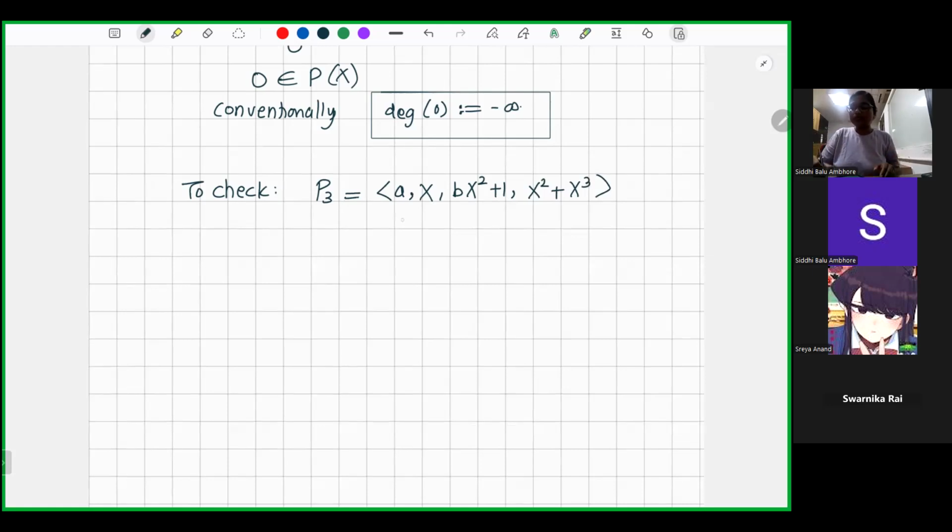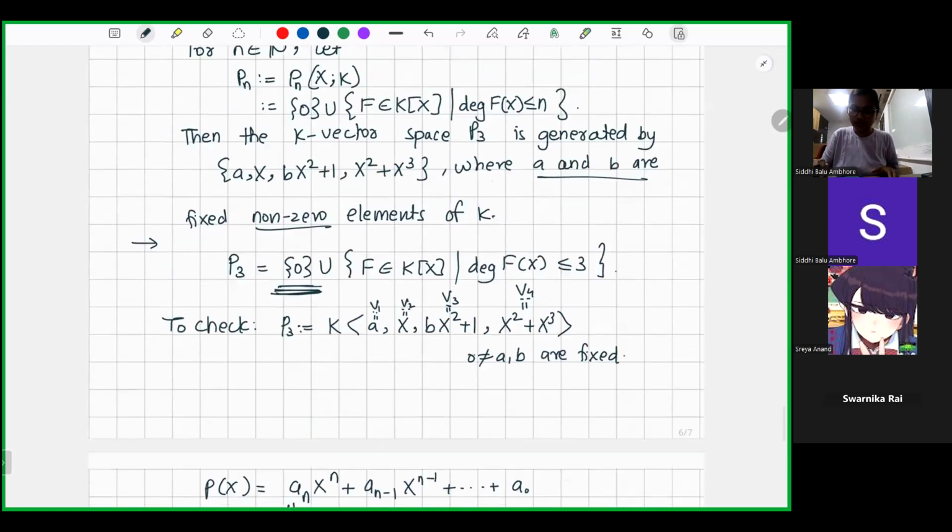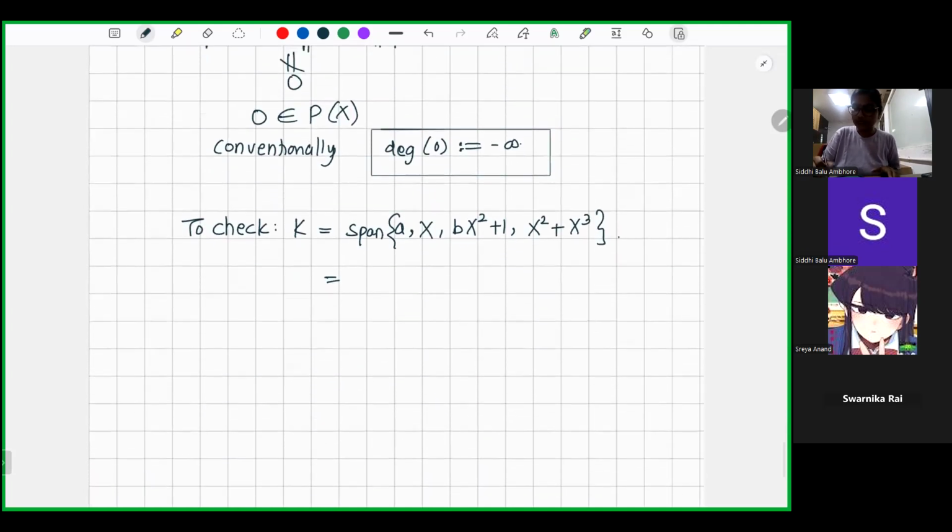Sometimes we also write it as the span of this set, if you do not know the notation. And when I say span, we are talking about R, or any field K, right? So this is K x plus K (x square plus 1) plus K (x square plus x cube), this P3.